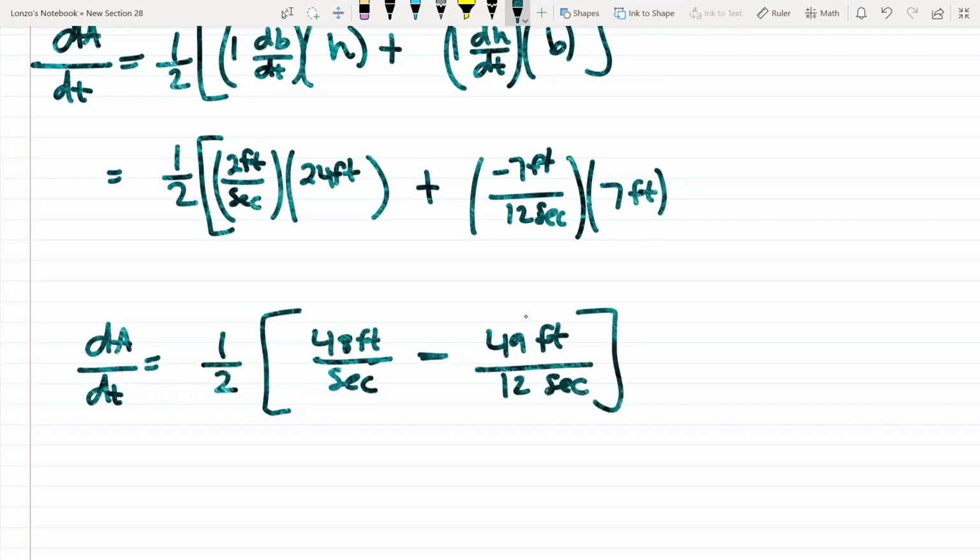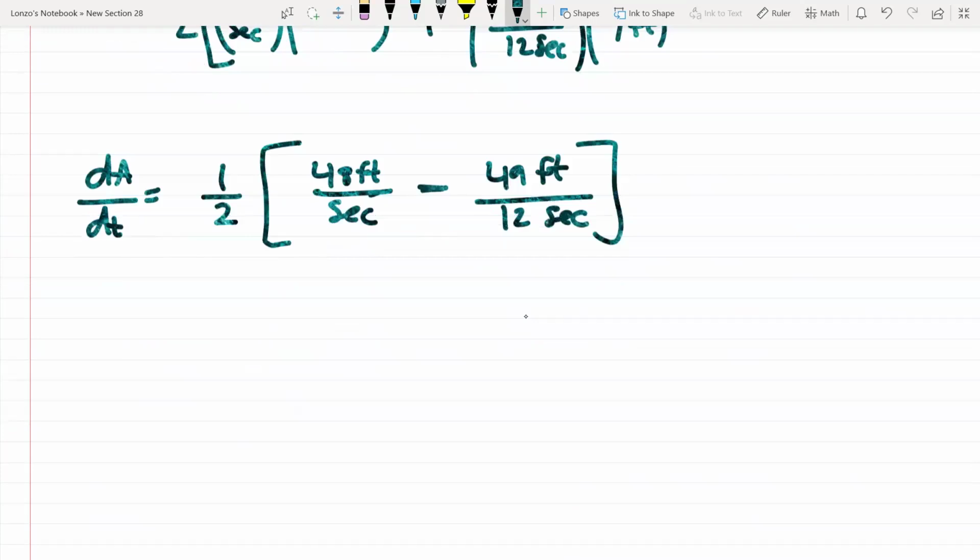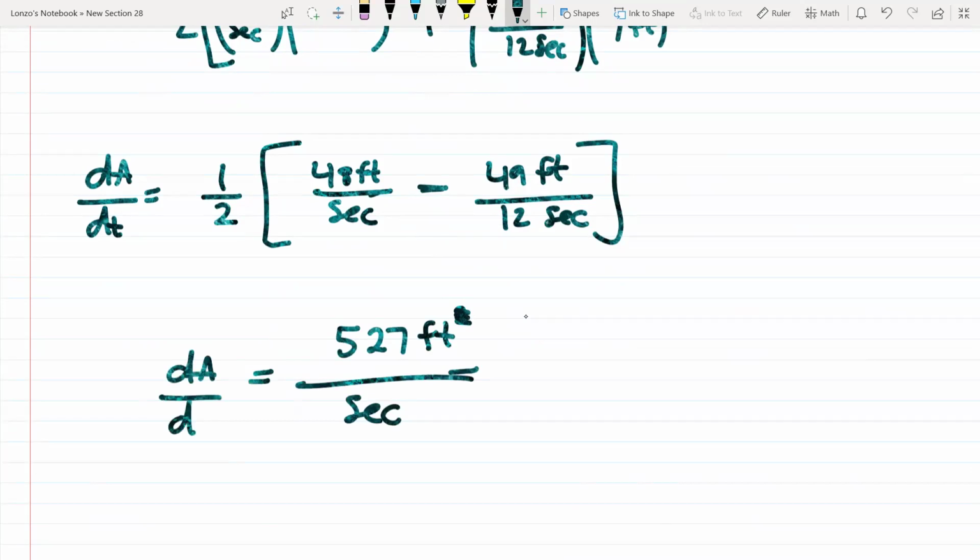And if you clean this up, they're in the same unit. So when you clean it up and multiply by 1/2, you should get 527 feet squared per second. No, not feet squared, it's just feet, right? So my dA/dt is 527 feet per second.